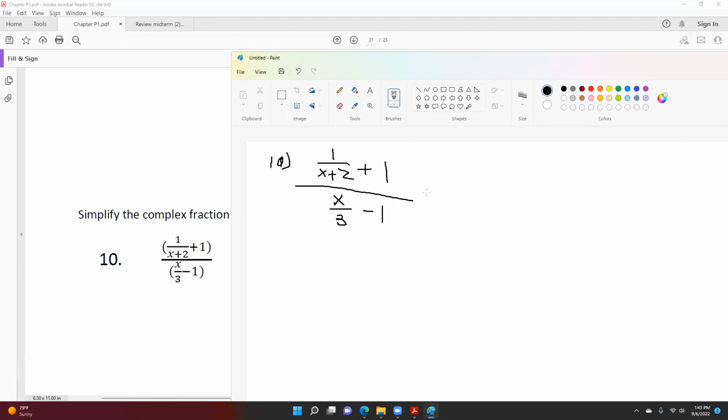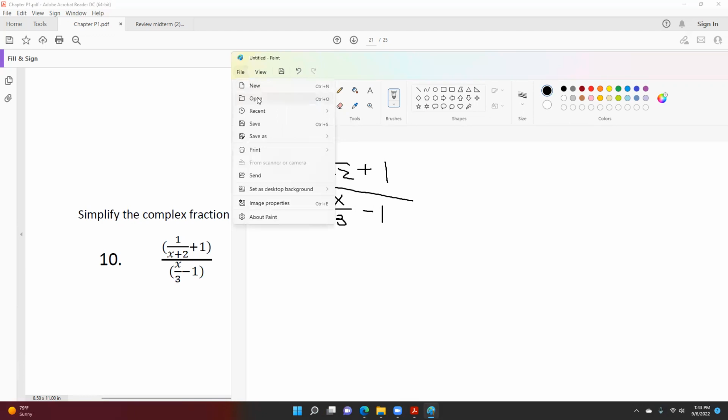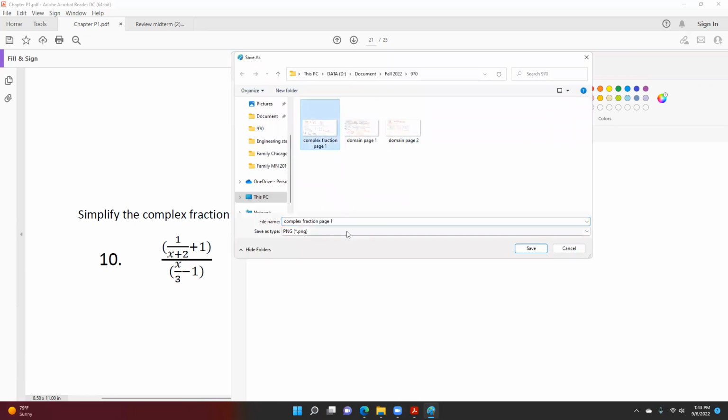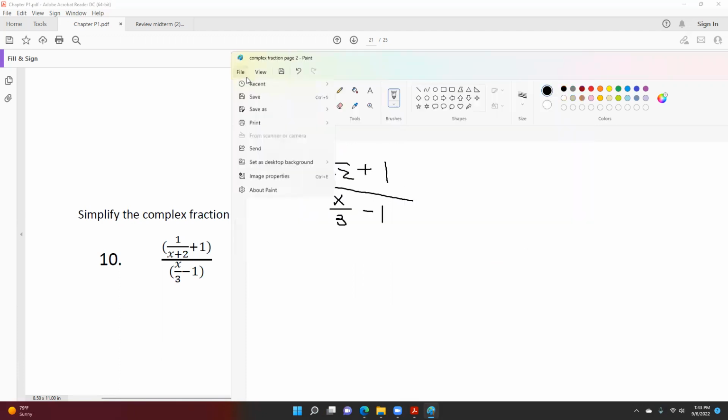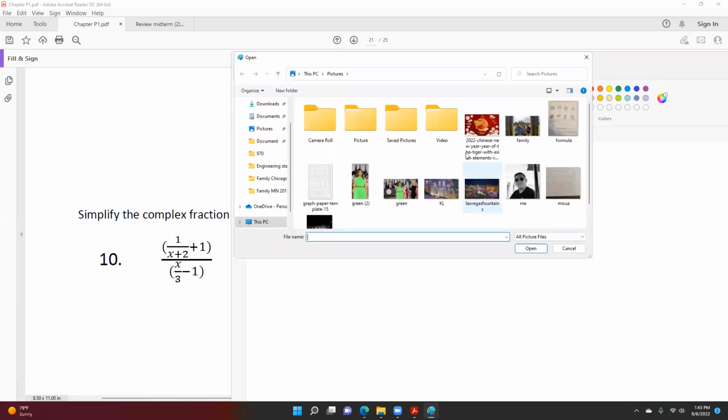Before we continue doing this, I need to change it back that way. Let me save this and then I will change it back to the rules here. Sorry about that.